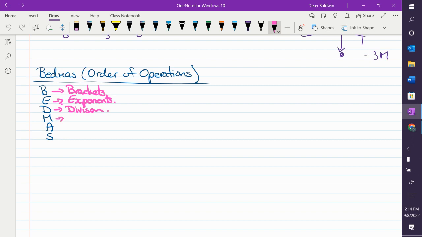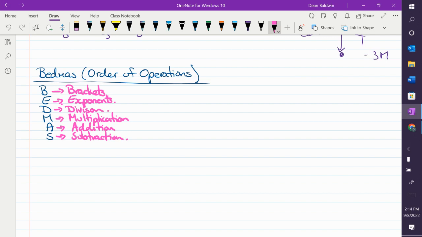M, multiplication. And then the A and the S are addition and subtraction. Okay. They're grouped into pairs, right?